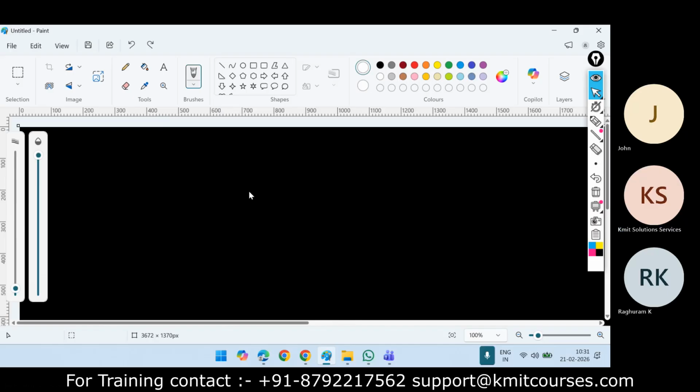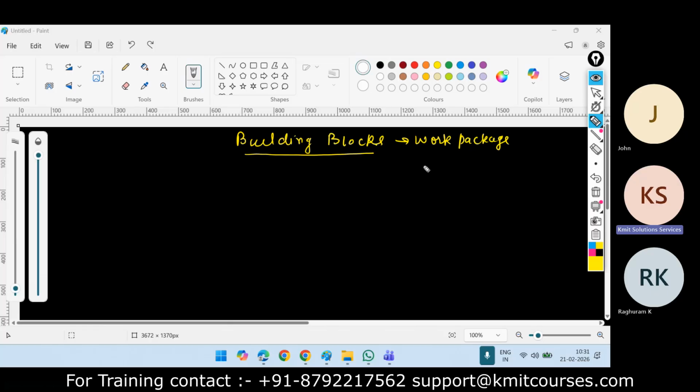Let us talk about building blocks. You can consider it a work package. A work package does not mean that it will be an executable file.